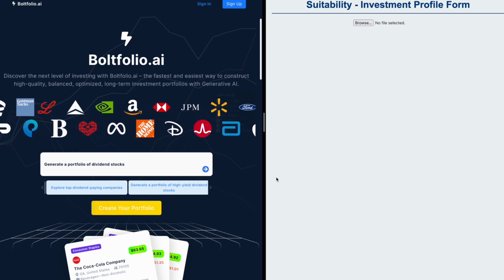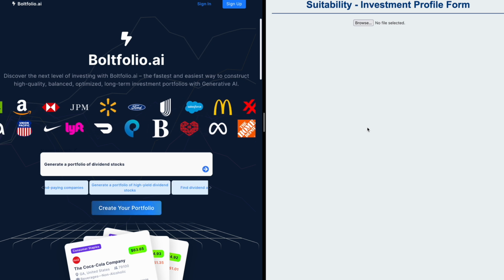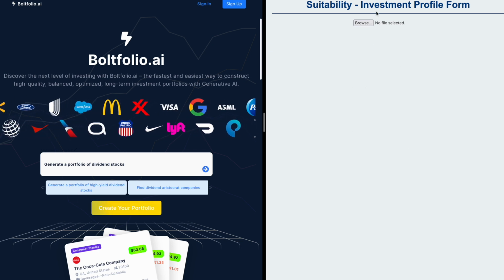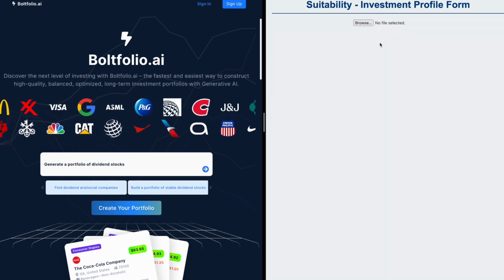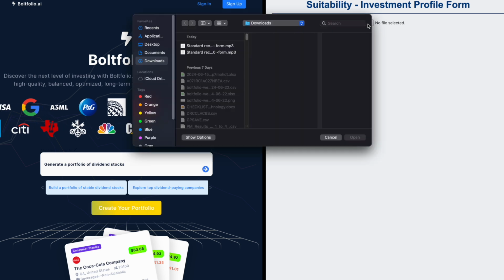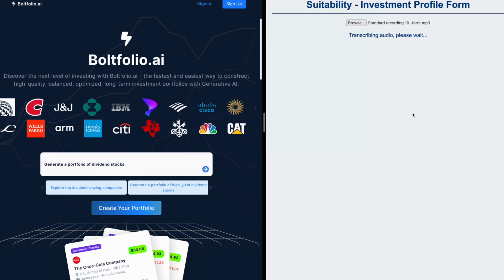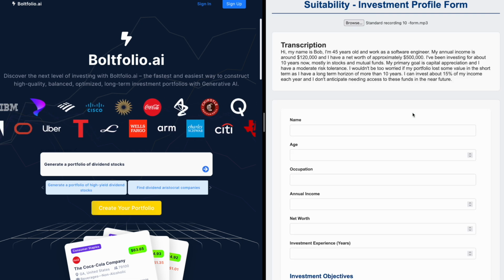So we talked about the suitability investment form. Let's say, for example, that filling out a form takes quite a bit of time and effort. But instead of filling out a form, what if we could just talk to a chatbot, just describe where we are, have a short interview, right?